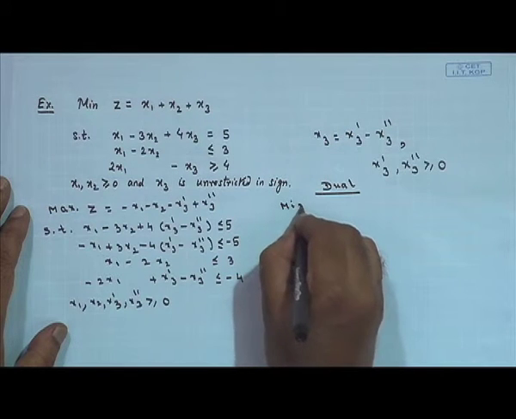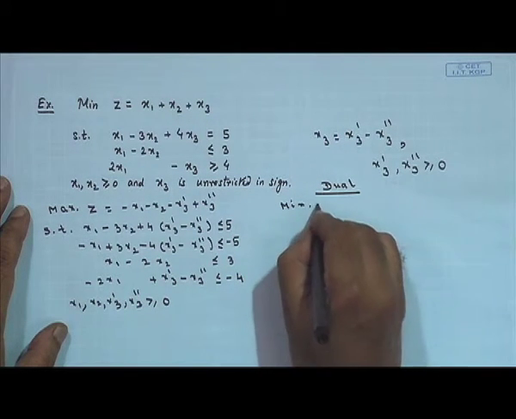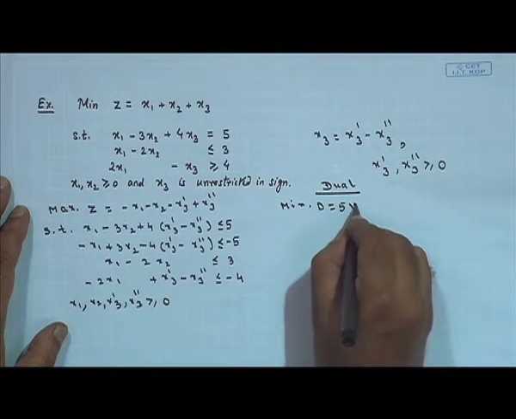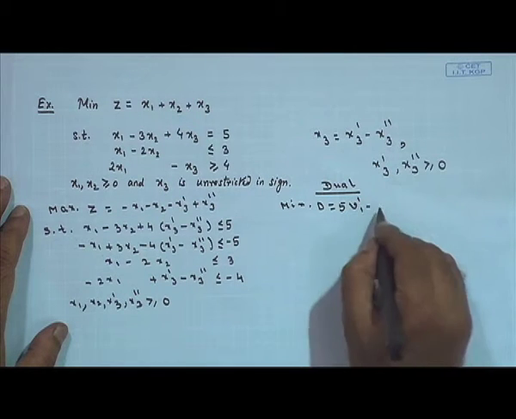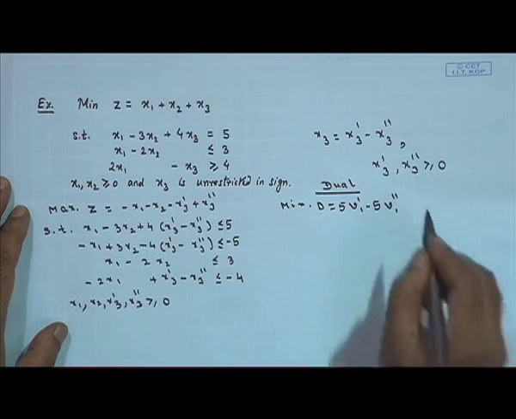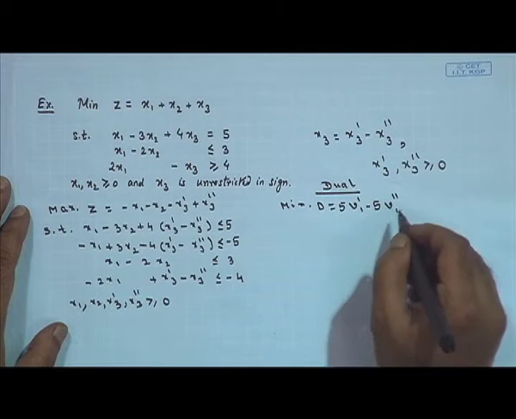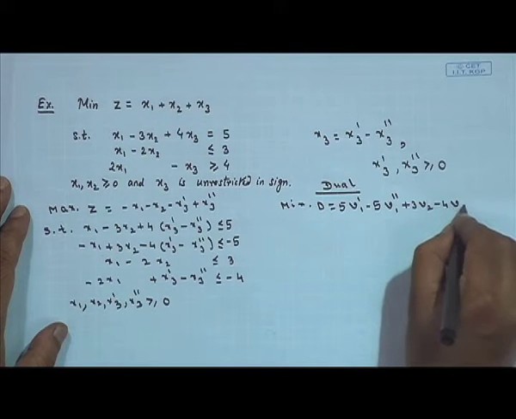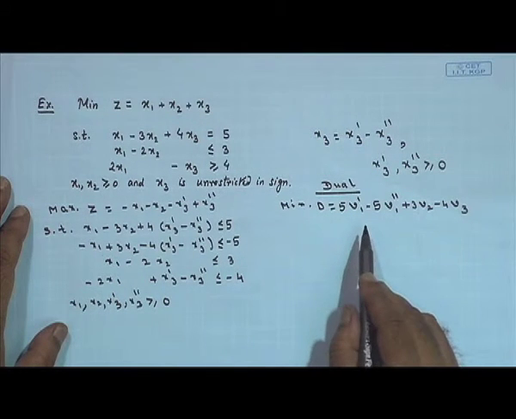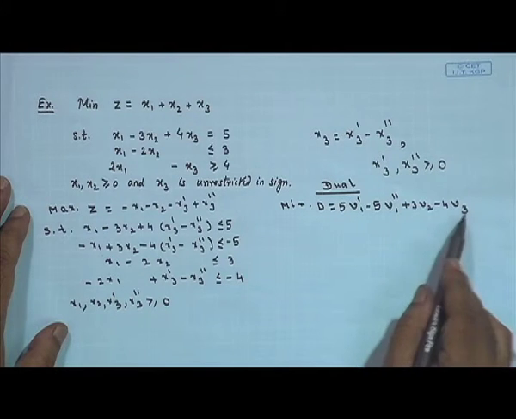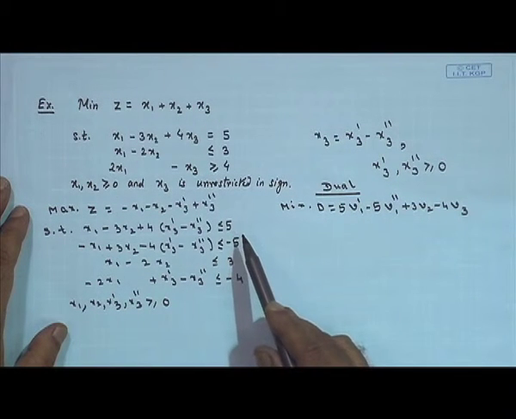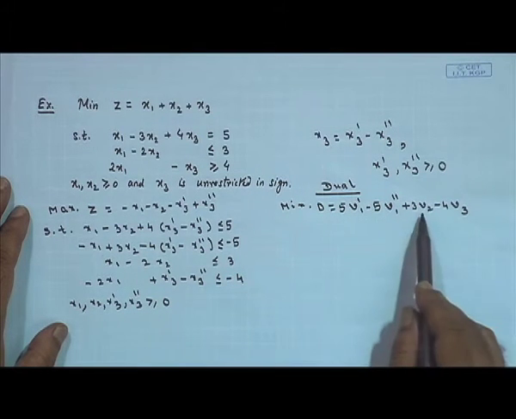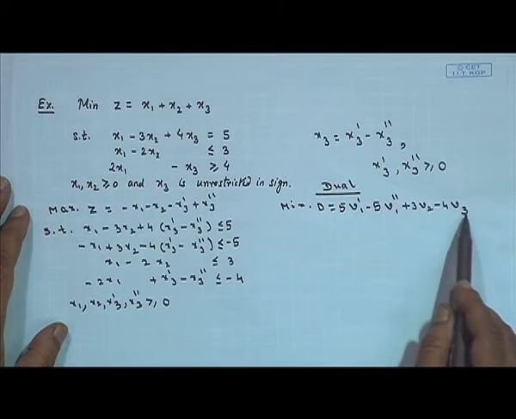So, minimize, say, d equals the first one is 5, so I am writing 5 v1' minus 5 v1'', then plus 3 v2 minus 4 v3. So I have 4 variables v1', v1'', v2 and v3. Corresponding to the constants, I am writing 5 v1' minus 5 v1'' plus 3 v2 minus 4 v3.